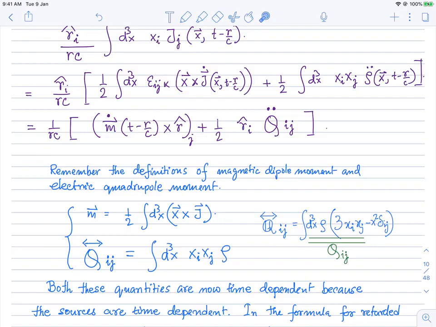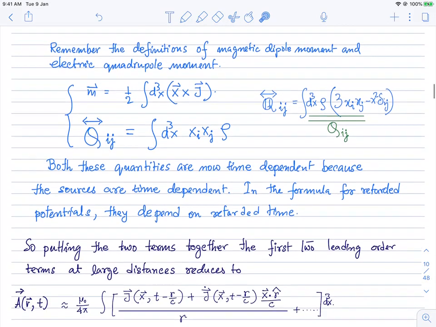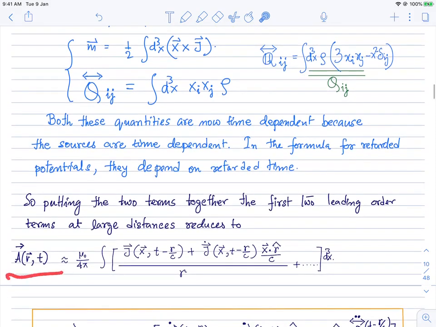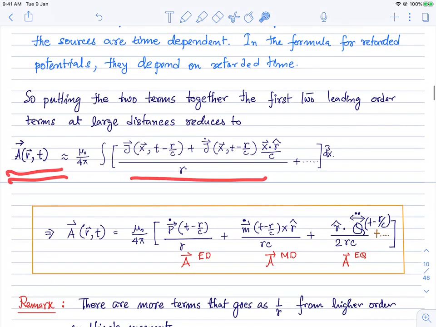But in essence, we see that these two terms in the vector potential can therefore be written down in terms of three terms. One involves the single time derivative of the electric dipole, one involves a single time derivative of the magnetic dipole, and the other involves a double time derivative of something like the electric quadrupole.